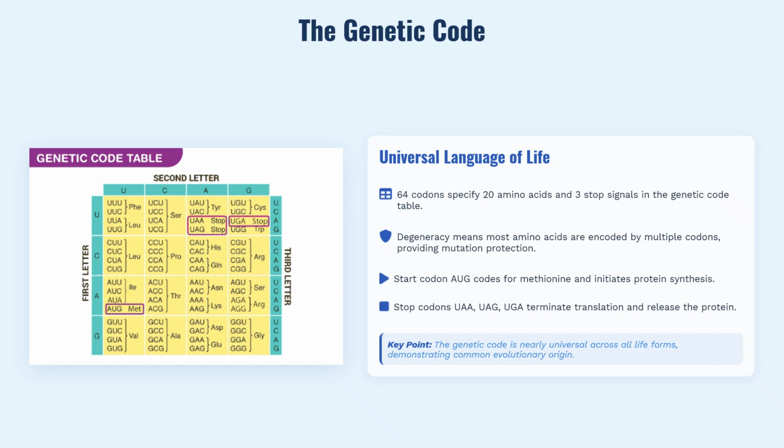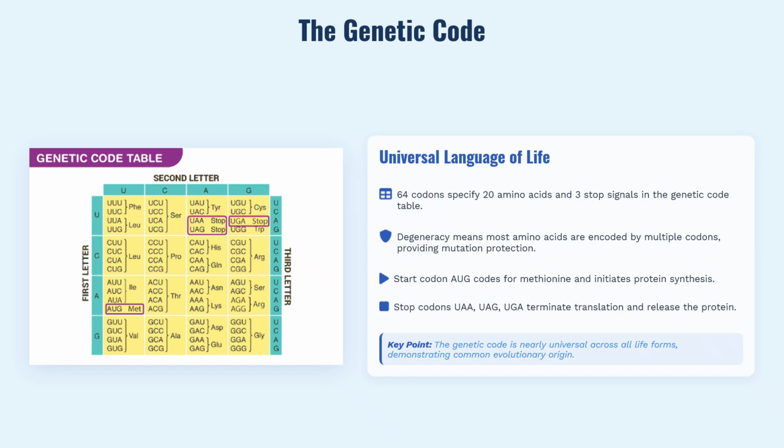The genetic code is nearly universal across all organisms, demonstrating the common evolutionary origin of life. Most amino acids are encoded by more than one codon, a property called degeneracy or redundancy that provides protection against mutations.